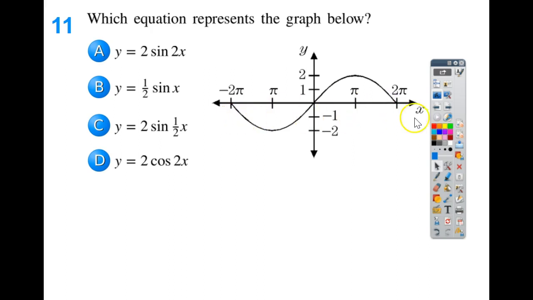But do I get a whole entire graph in pi? No. So 2 pi and 2 pi is 4 pi. This is 1 period. 1 period is 4 pi. So 2 pi divided by a half makes 4 pi. It is C.